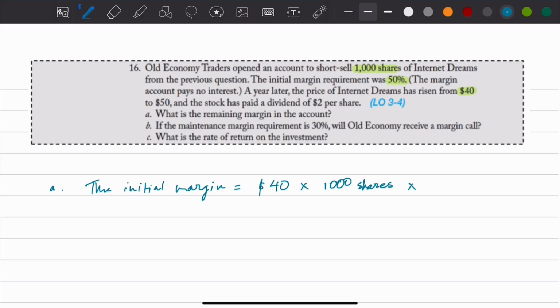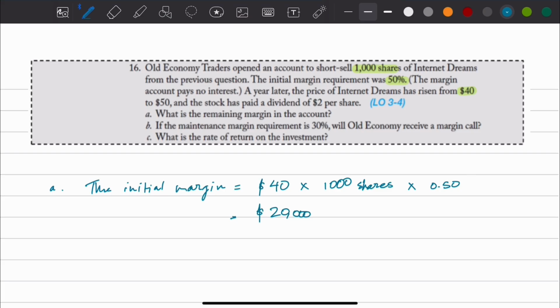So we'll multiply that by 50%, which is 0.50. Run the numbers on a calculator. So 40 multiplied by 1,000 shares, so that's 40,000, multiplied by 50% or 0.5, that would be $20,000.